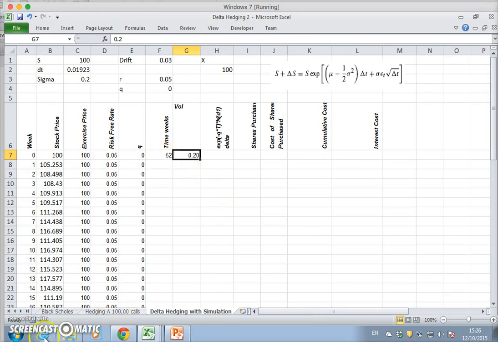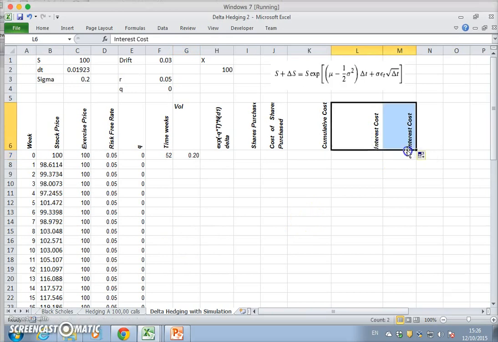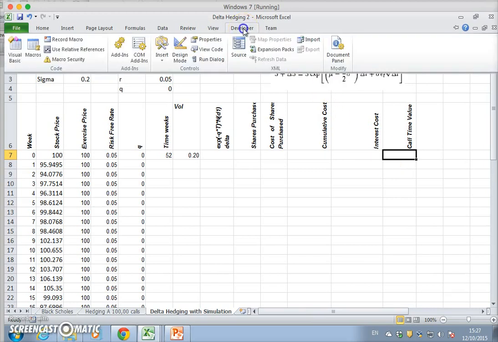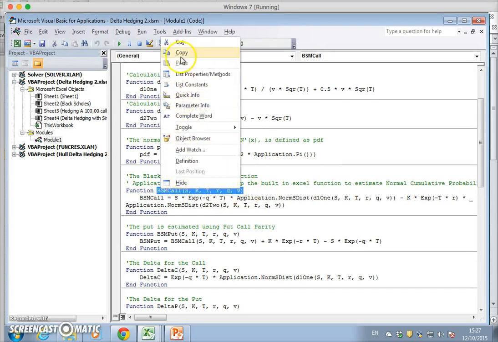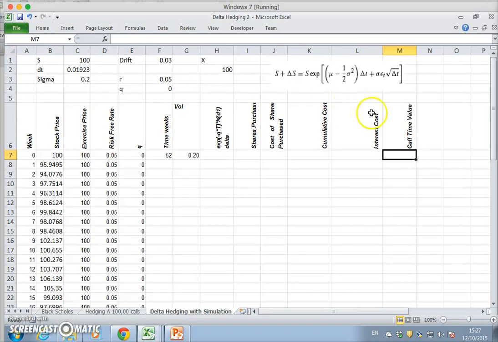So to work out the value of the option, we could think of the value of the call, call time value from Black-Scholes, would simply be equal to, let's get the formula from the Visual Basic Editor. Could just take this and copy, go back in, and we could say home, paste, and then we can say equal to, and then link back.